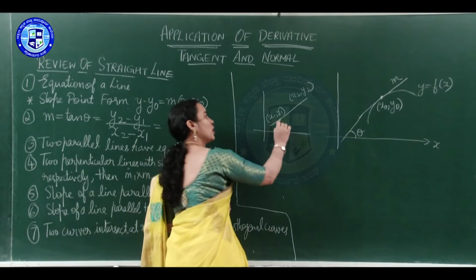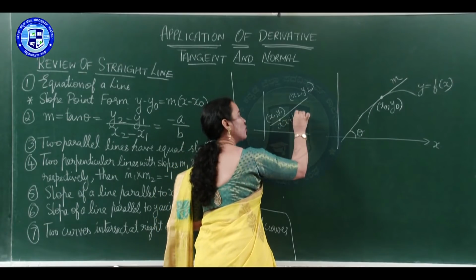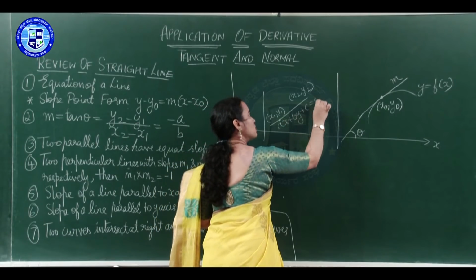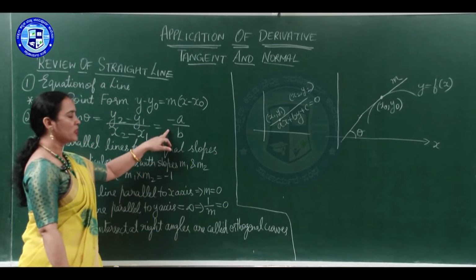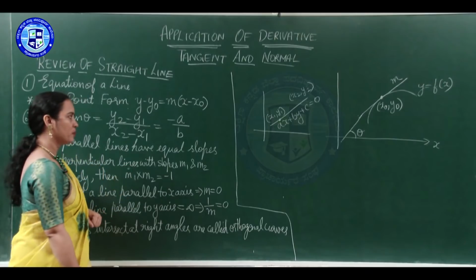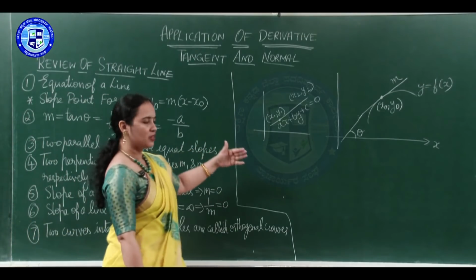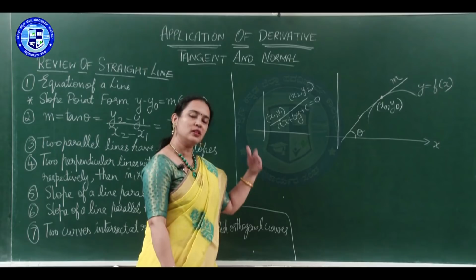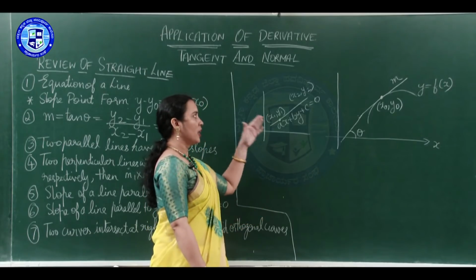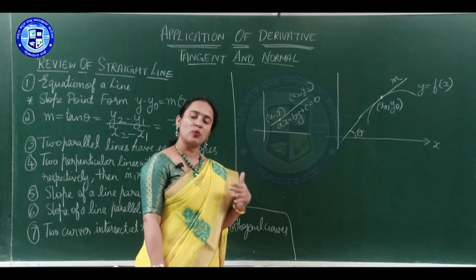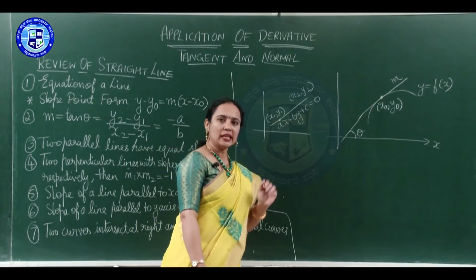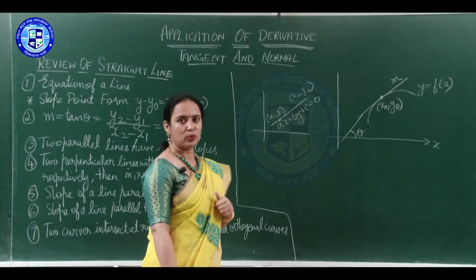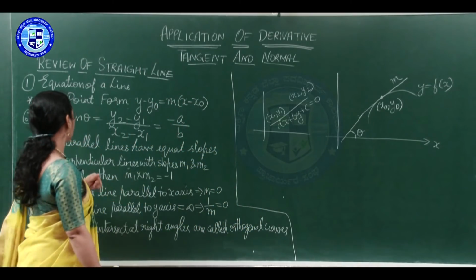If you have the equation of the line ax plus by plus c is equal to 0, then the slope will be minus a by b. So there are different forms to find the slope. If theta is given, slope is tan theta. If the line passes through 2 points, slope is y2 minus y1 by x2 minus x1. If the line equation is given, slope will be minus a by b.